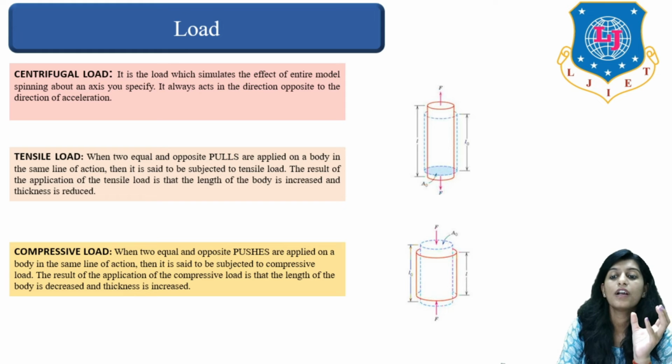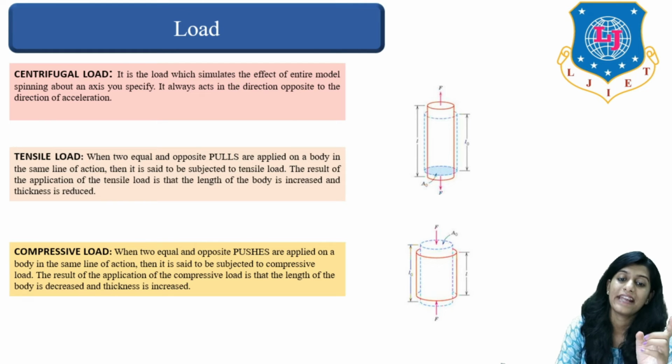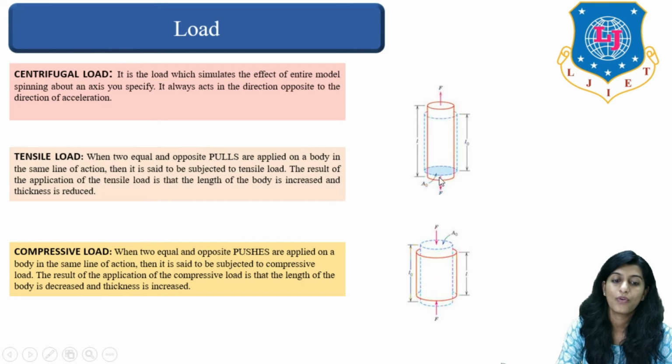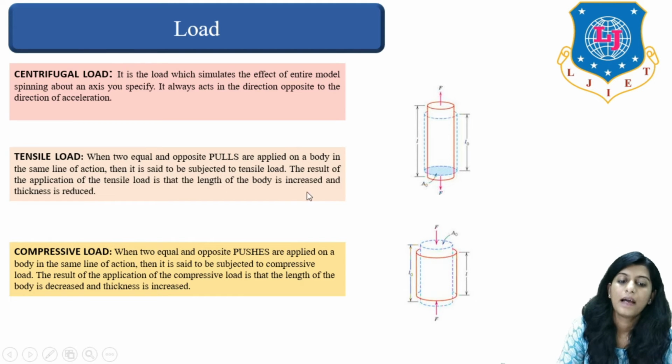So centrifugal load is a load which simulates the effect of the entire model spinning about an axis you specify. So it always acts in the direction opposite to the direction of acceleration, right? So this is a centrifugal force. It will always act opposite to the direction of acceleration. Then comes a tensile load.